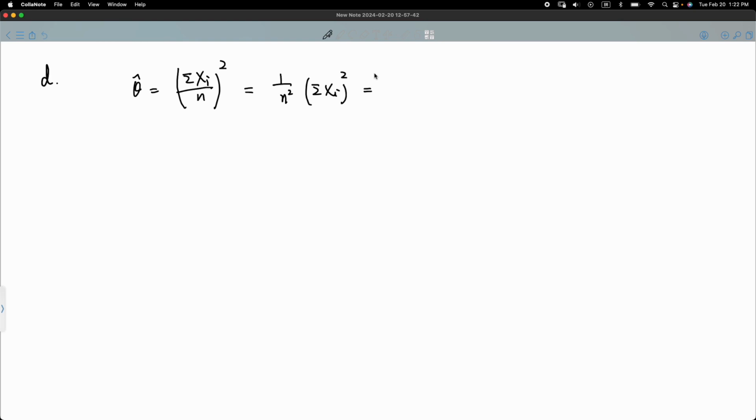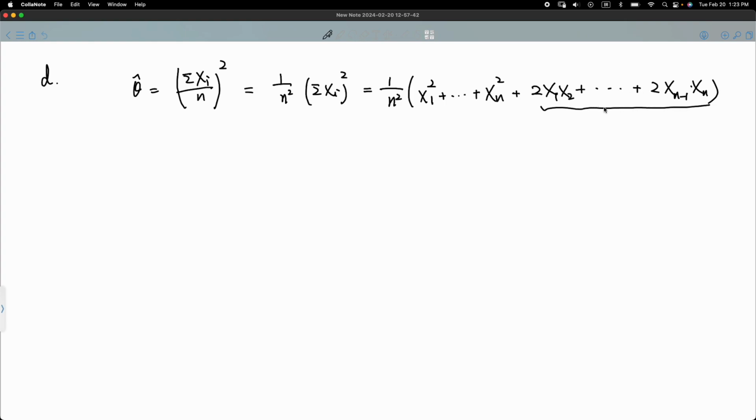And then we are going to expand the summation to evaluate the square, which will be 1 over n square. And then you will have x1 square plus all the way to xn square. And then you also have the interaction terms. So 2 x1 x2 plus all the way to 2 x(n-1) xn.